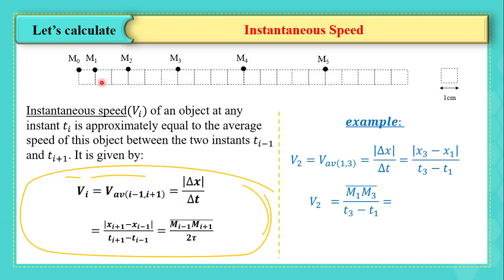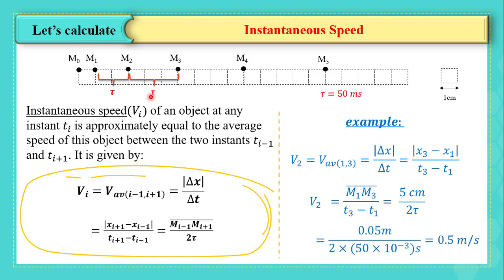This can be simply written as the distance between the positions m1 and m3 divided by t3 minus t1. As we have mentioned, the duration of time between the positions m1 and m3 is equal to 2 tau, and the distance separating them from the figure is equal to 5 centimeters. By substituting, we obtain 0.5 meter per second.